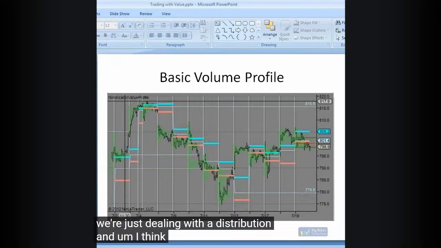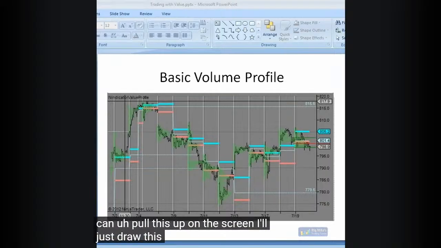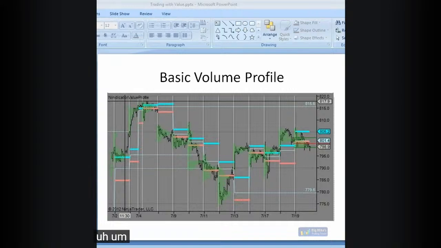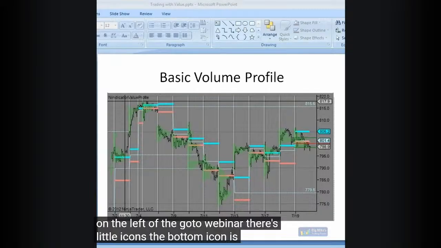And I think if I can pull this up on the screen, I'll just draw this. Okay, I guess it won't. I don't know how to draw this, but if I just show, let's say, this day 7-11 right here, because I don't have today's on. Rob, you can draw if you want. On the left of the GoToWebinar, there are little icons. The bottom icon is drawing tools.